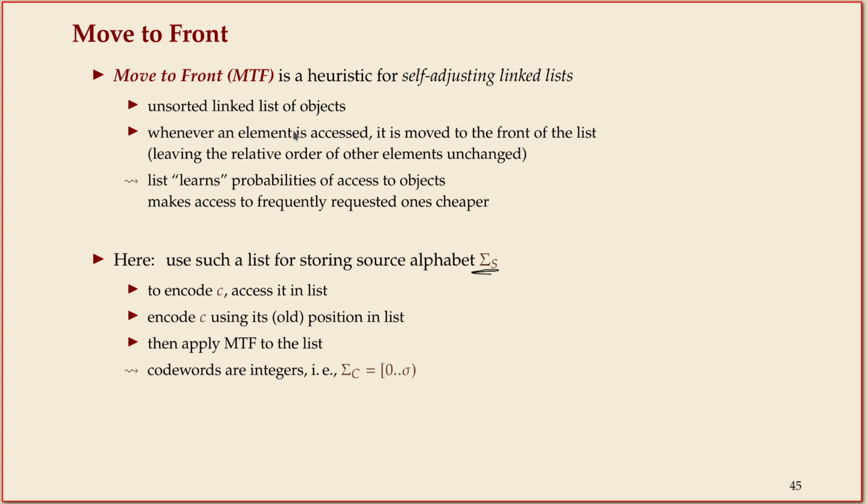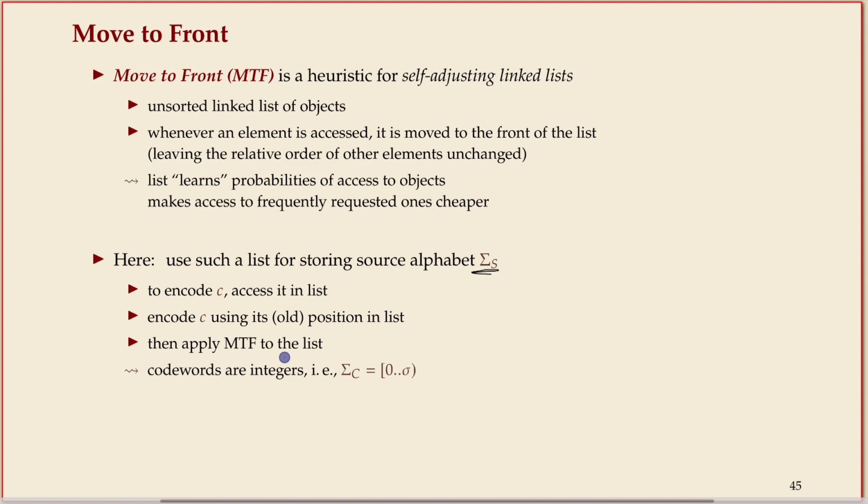We still keep the move to front rule, so when we access a character, we move it to the front of the list. So the numbers that we associate with characters keep changing all the time.